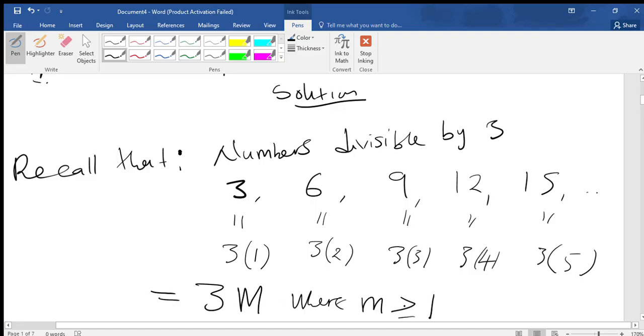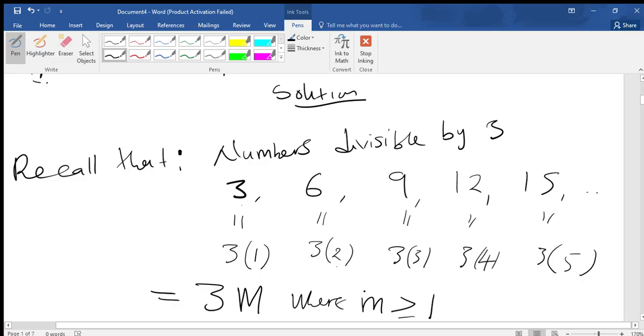As you can see, when m is 1, the multiple we have is 3. When m is 2, the multiple is 6. When m is 3, the multiple is 9, and the count continues. So this is the first understanding which you have to have every time when you're solving a question of divisibility.